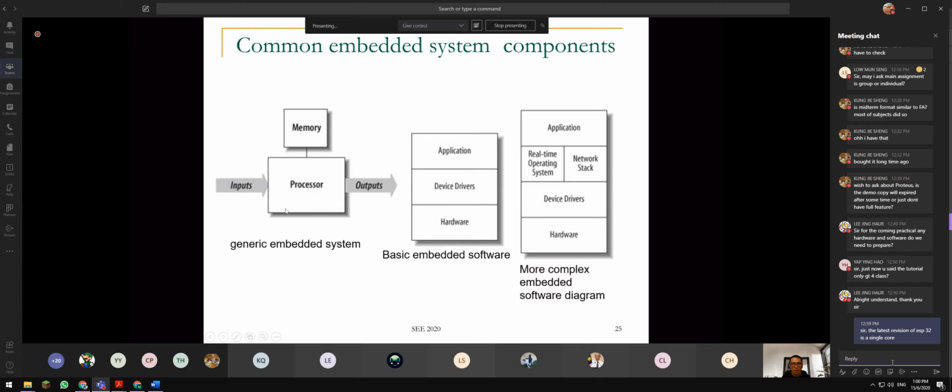So far in your microcontroller, microprocessor, you are just using this generic embedded system design. You have a processor and some memory, already integrated into the microcontroller. You just control some input and output, probably move the motor, or the robot, DC motor or stepper motor, turn right, turn left, or an RC motor, or light up an LED, run a 7-segment. So this is input and output.